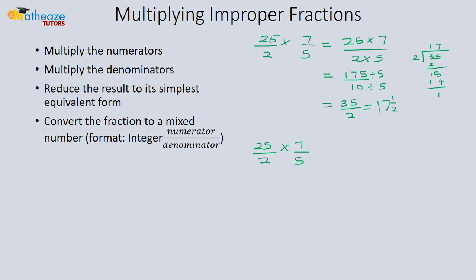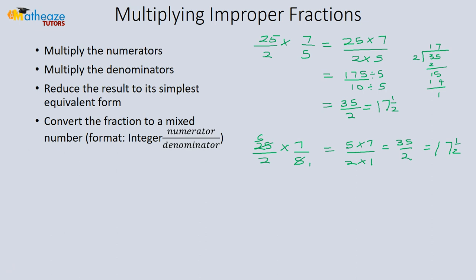If you look, 2 and 7, nothing there. 5 and 25, we can find one right there. So this is going to give us 5 times 7 over 2 times 1, which is 35 over 2, which gives us 17 and a half. So that's the simpler example.